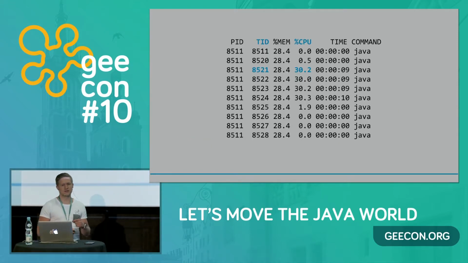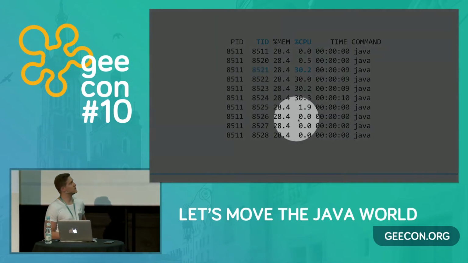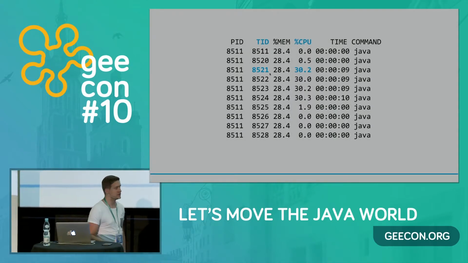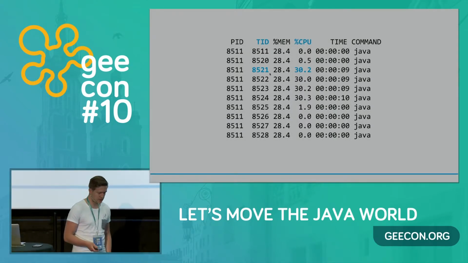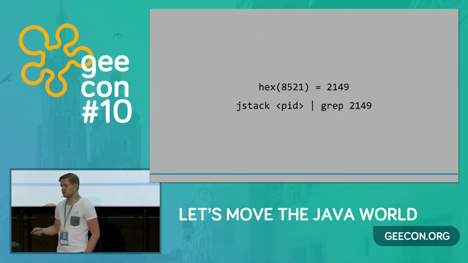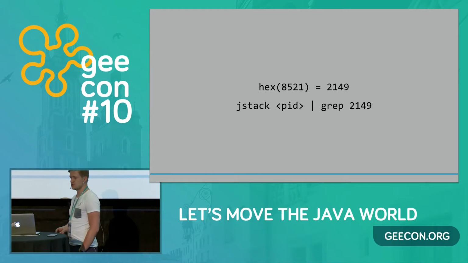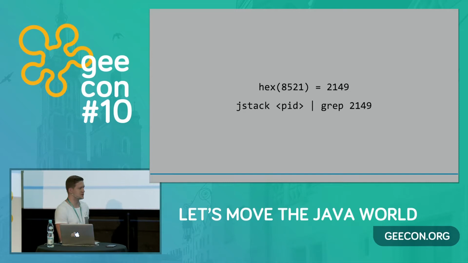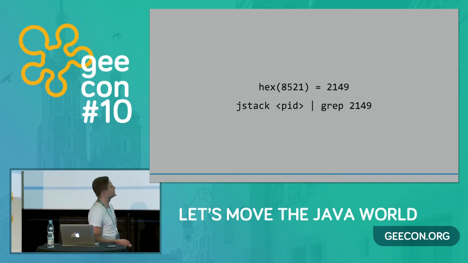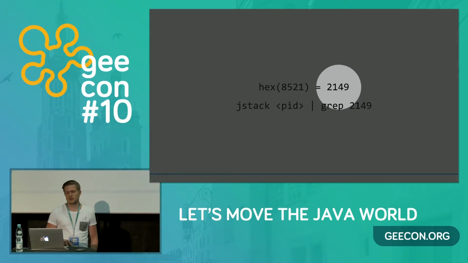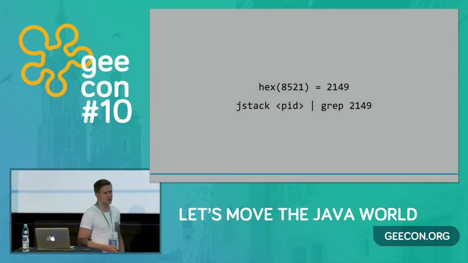Let's say I have this thread. It consumes 30% of my CPU time, and the thread ID is 8521. What I need to do first is a quick switch, so make a hexadecimal number out of it. When you Google it, you're going to see a lot of pages that do it, if you don't know how to do it by hand. The hexadecimal representation is 2149.